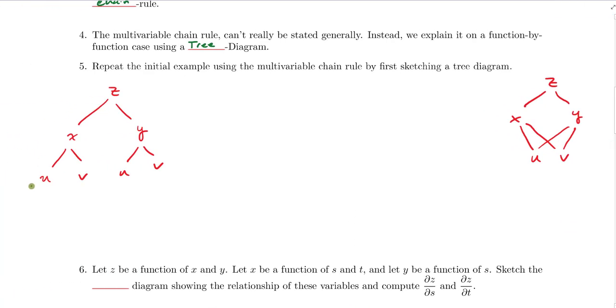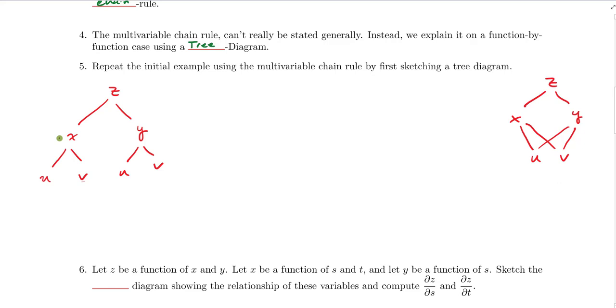So I will draw our tree diagrams this way. So the way you interpret this tree diagram then is to say that x depends on the variables u and v, and z depends on the variable x and y depends on the variables u and v. So we'll label this in just a minute, but for right now let's just go with the structure of this.